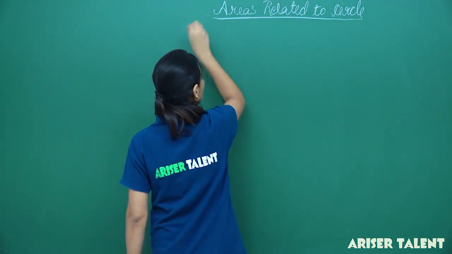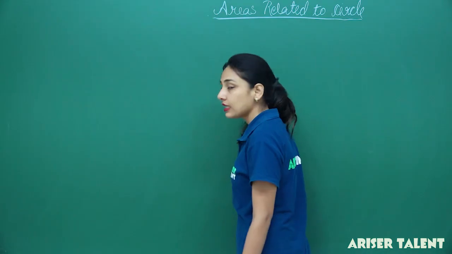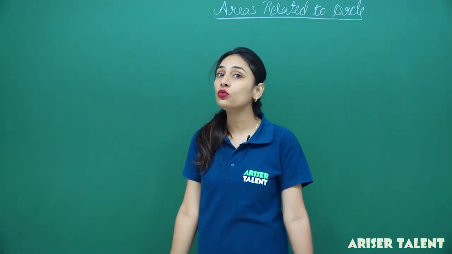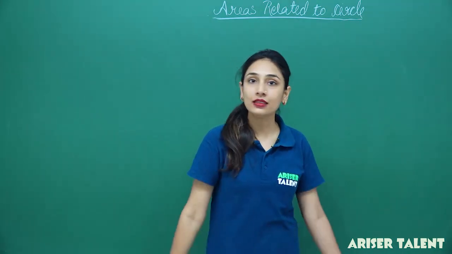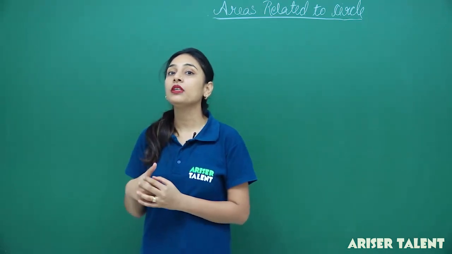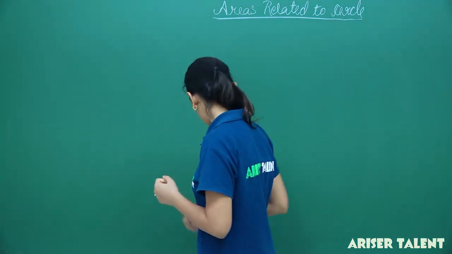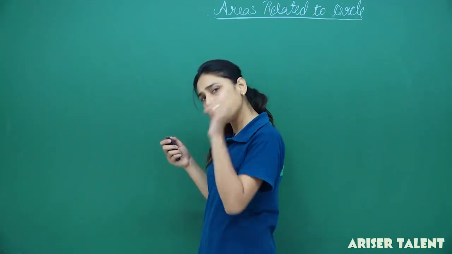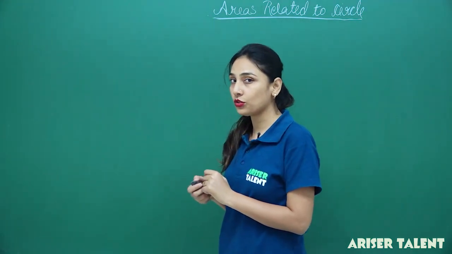We have gone through the circle and its area and its circumference, and then we moved to the sector and its area. We have also somewhat discussed the perimeter of the sector. So, moving to the question, and then we'll go to the segment part also.